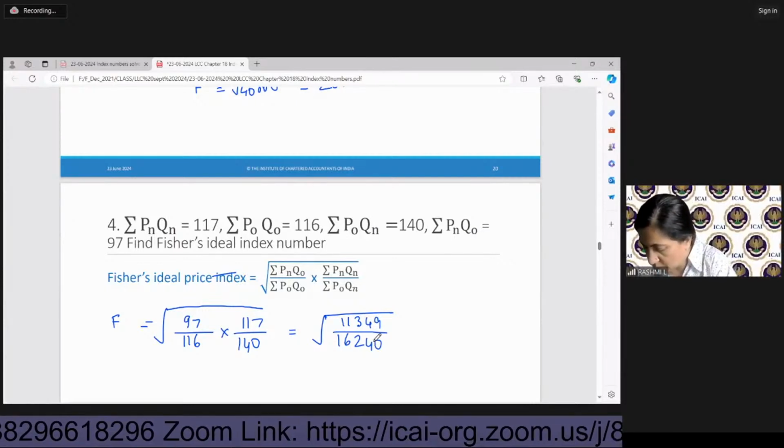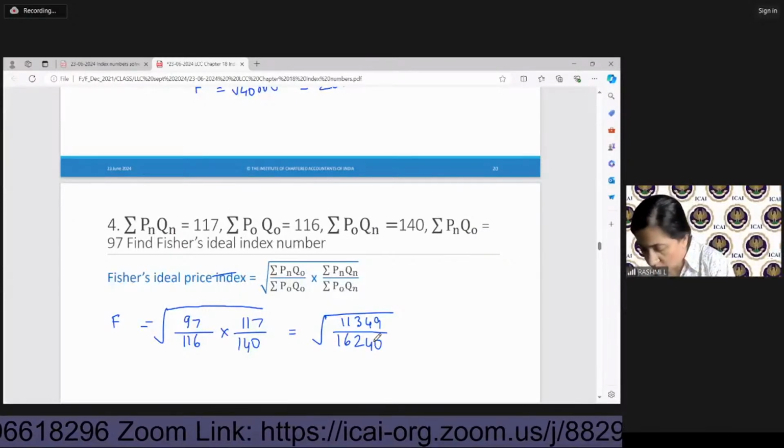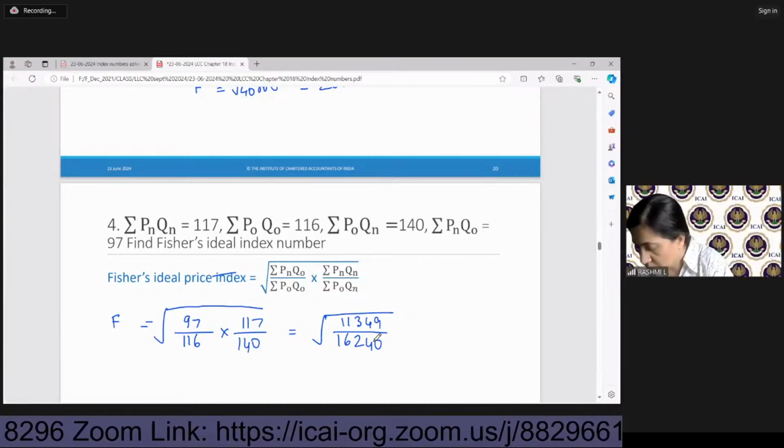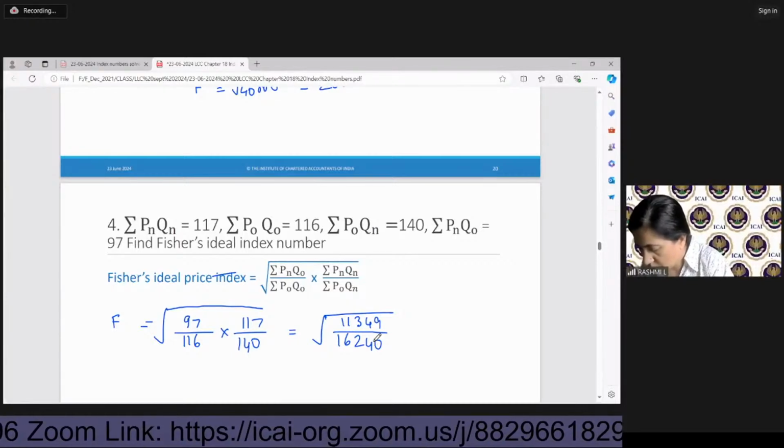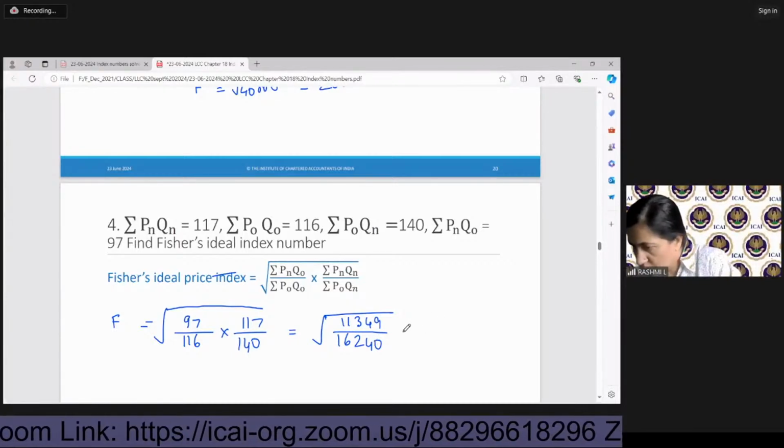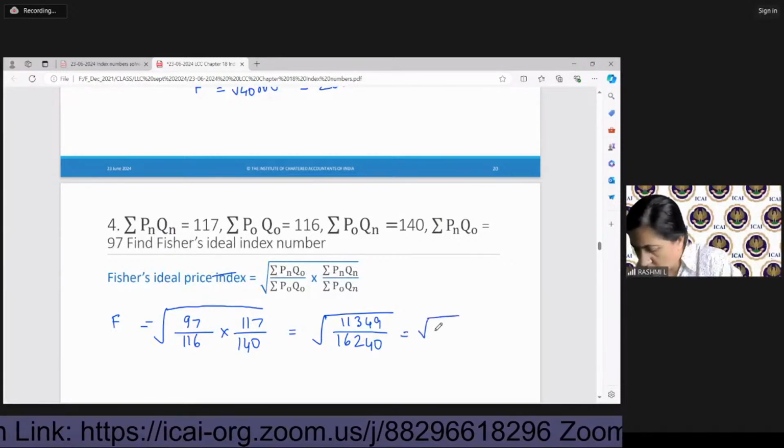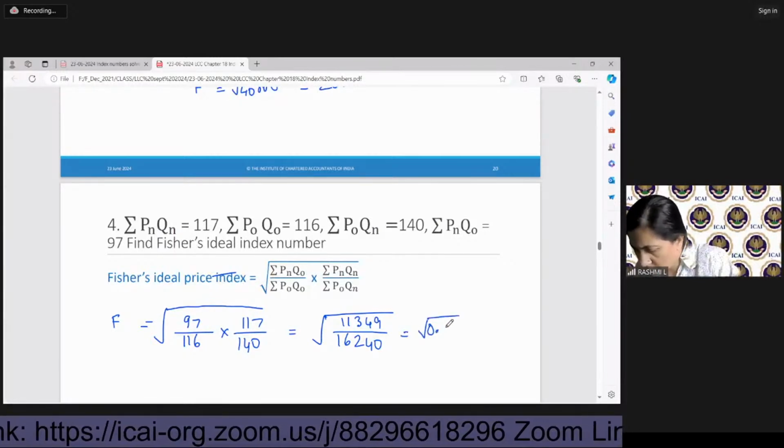How much is this? Into 11349, which is equal to square root of 0.6988.